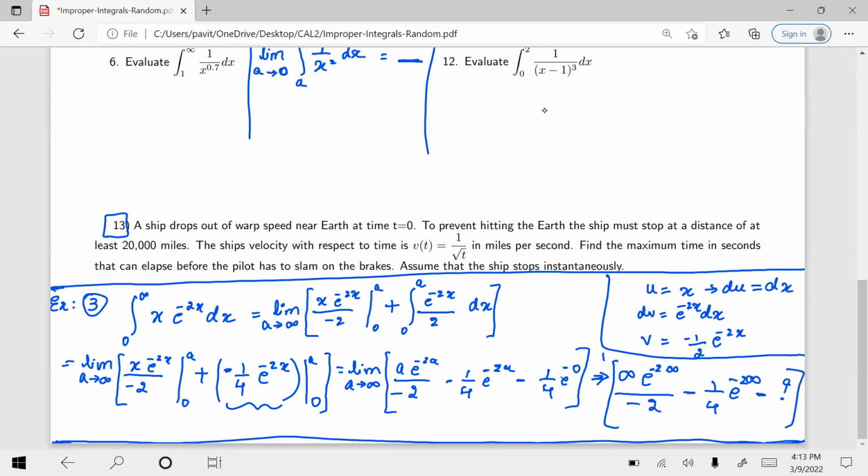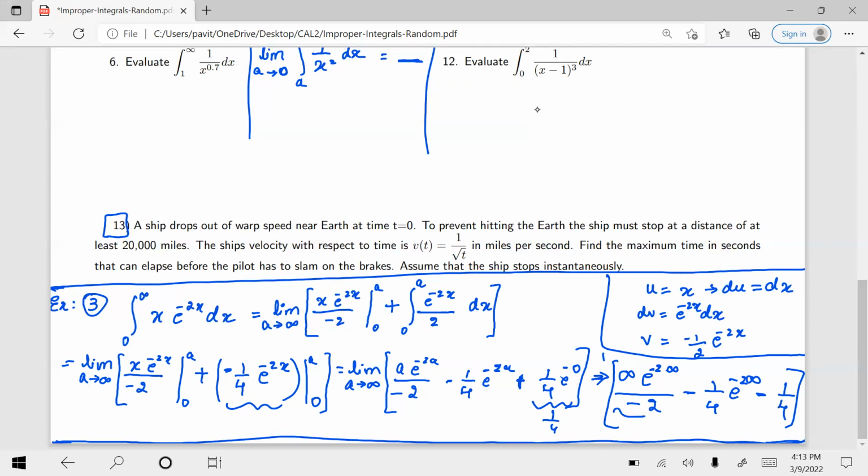What is e to the power of 0? This is plus upper limit minus lower limit. E power 0 is 1. So that will give me 1 by 4 because e to the power of 0 is 1. So here I get 1 by 4.